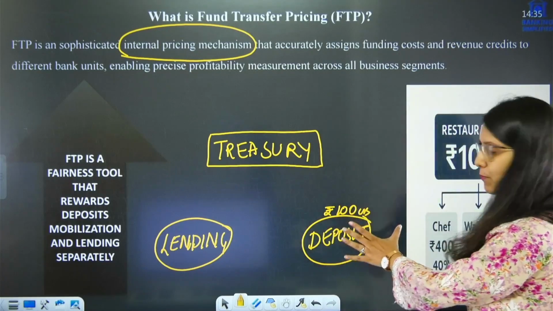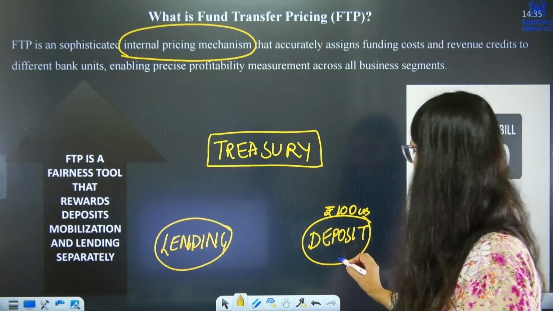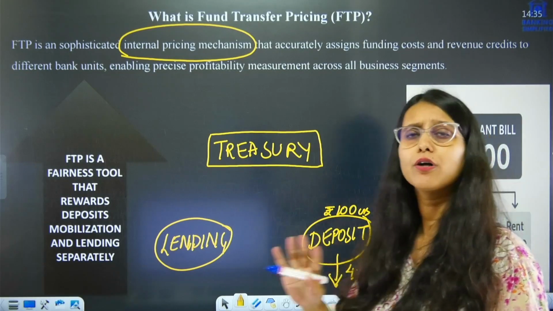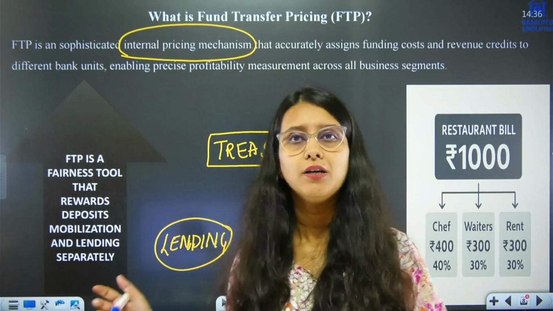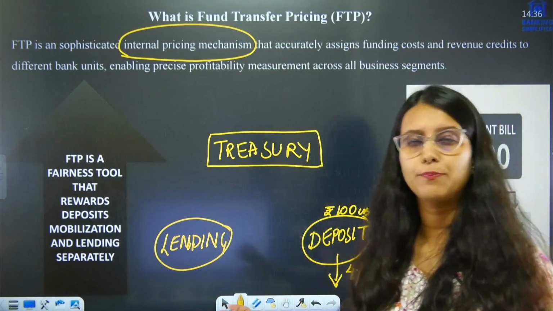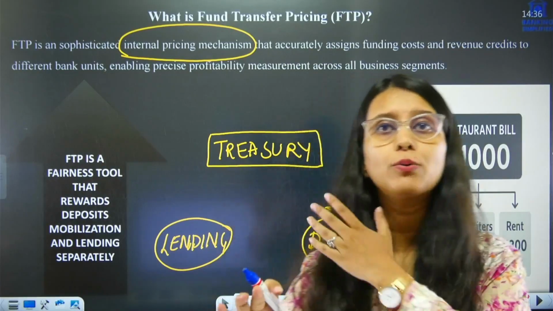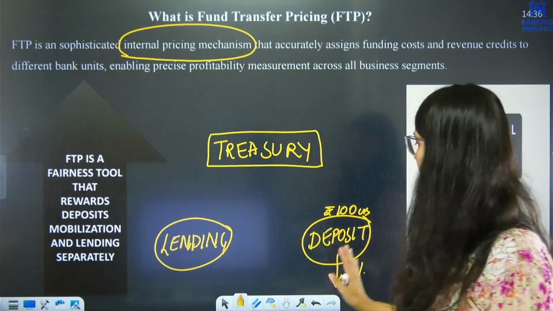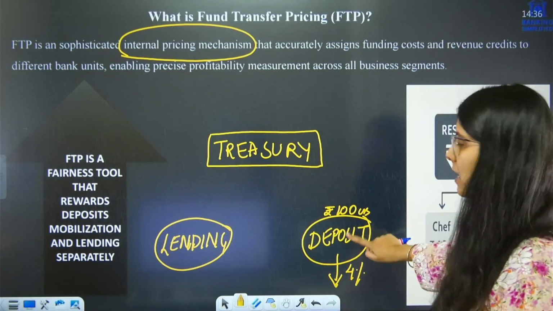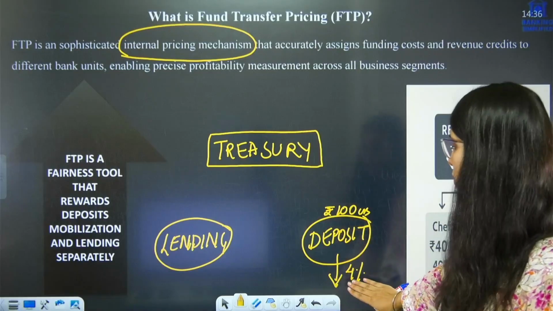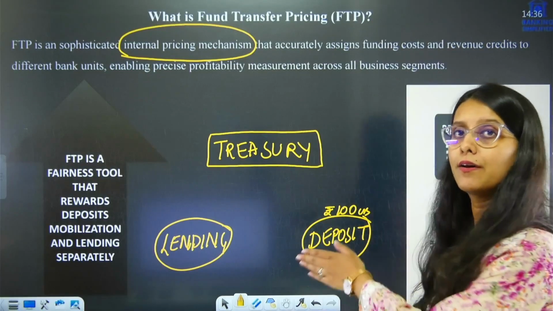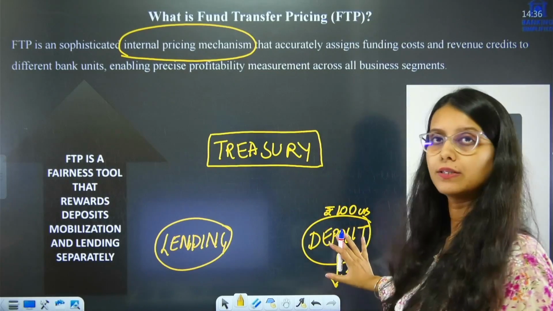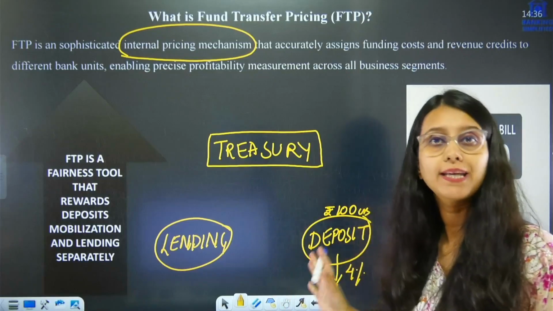When you are taking deposits, you of course know that you will have to give out a particular rate of interest. We are not going into the tenure or maturity of the deposit. We are just keeping it very simple to understand how FTP works. As of now, just understand that you have got 100 crores and you are giving 4% to the depositors for the 100 crores.